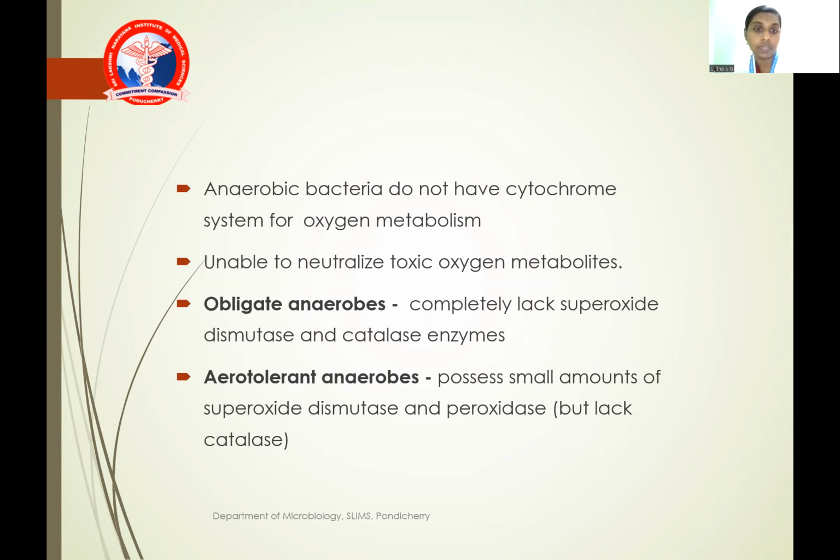Accordingly, they are classified into obligate anaerobes and aerotolerant anaerobes. Obligate anaerobe means they can't tolerate even a small amount of oxygen. They can't tolerate oxygen at all. This is because they completely lack the superoxide dismutase and the catalase enzymes.